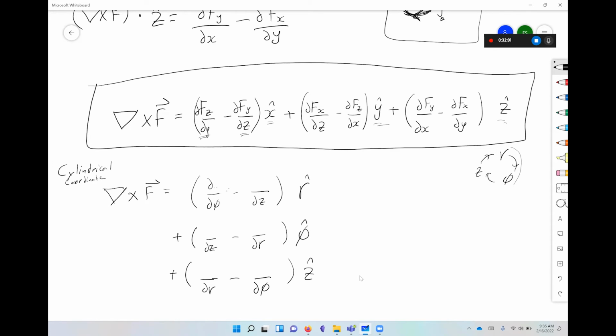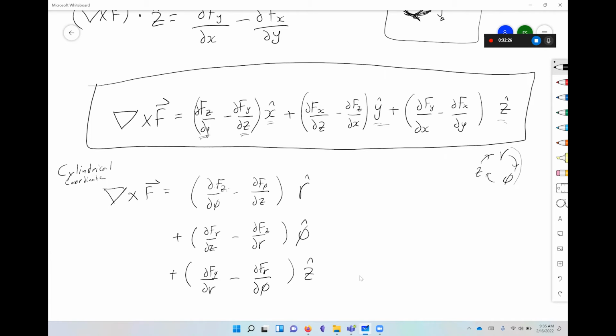So delta FZ, delta F phi. I'm writing this as if it's a Cartesian coordinate system. It's not, so things have to change a little bit. But this is the basic structure: FZ, delta F phi, delta FR. Our basic philosophy is using the permutation graph and then inverting in the numerator.